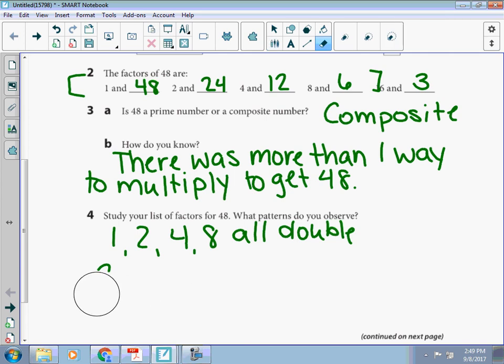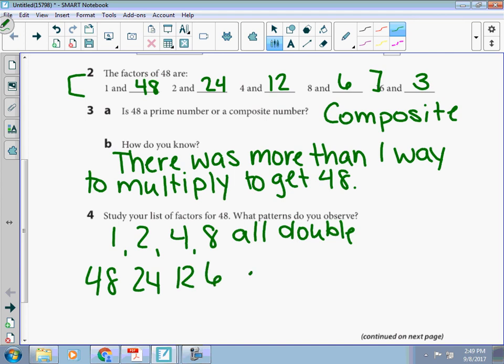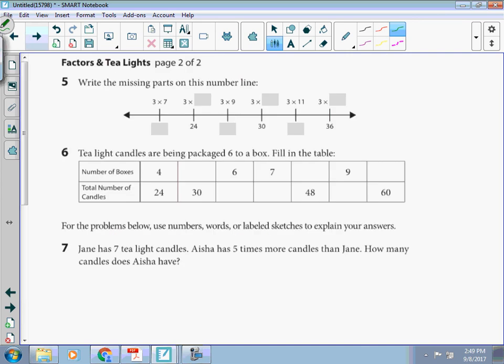Oh, I need to start with 48. Okay, and on to the back. We're filling in the parts of our number line again. Just another way to show our facts.